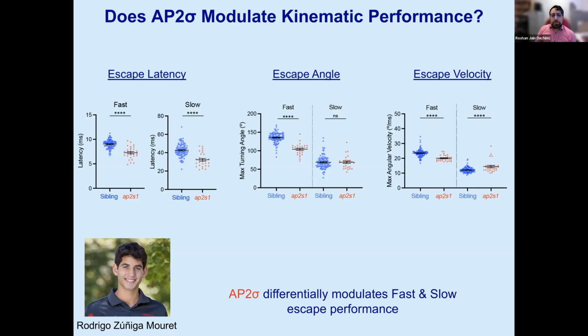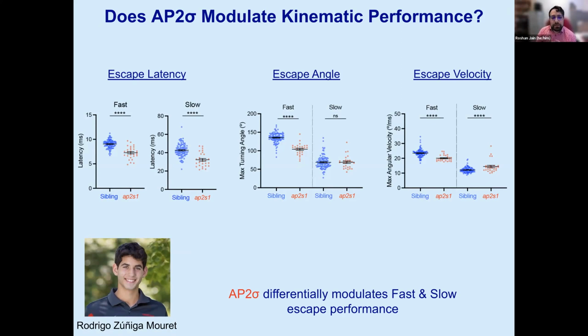So altogether, we found that this AP2S1 gene, the AP2 sigma, seems to be regulating various aspects of acoustic escape behavior: the habituation, the ability to select between two different escape behaviors, as well as the performance of those behaviors. And so we were particularly interested to see whether this was reflective of a very subunit-specific role for this sigma subunit.